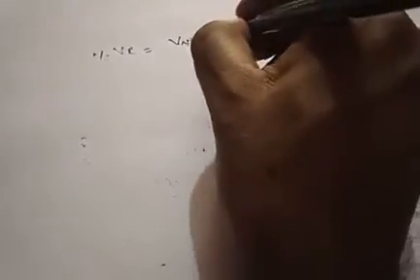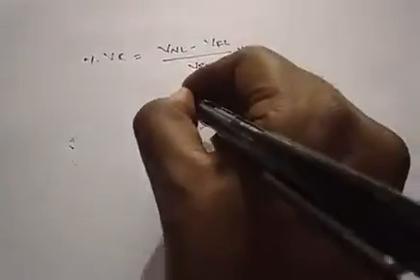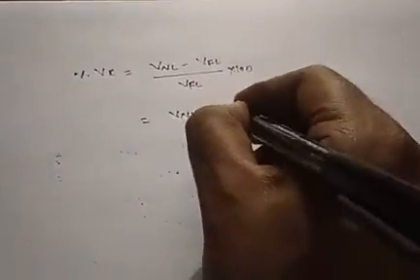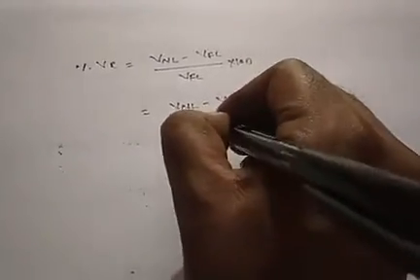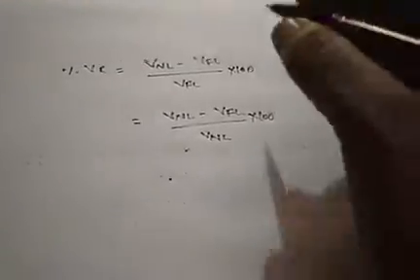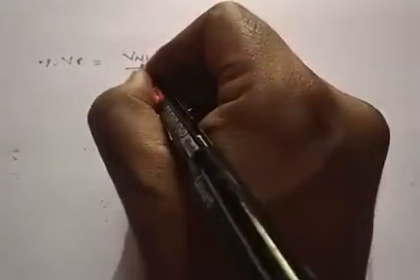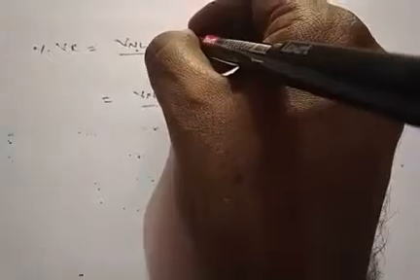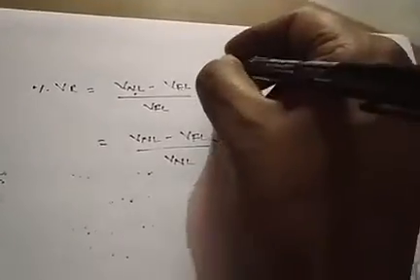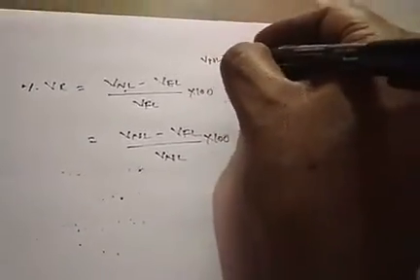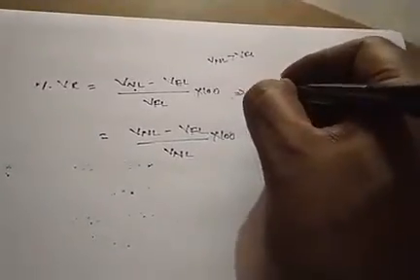The percentage of voltage regulation is equal to (V no load minus V full load) by V full load into 100. Or else you can also define (V no load minus V full load) by V no load as voltage regulation, but you won't consider these types of regulations. V no load voltage is very high. If V no load is greater than V full load, we call it a positive voltage regulation.